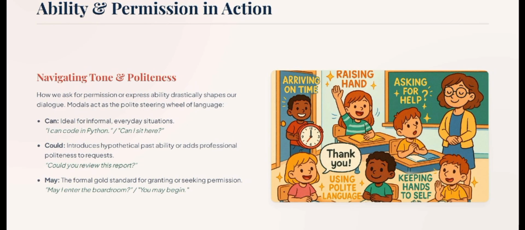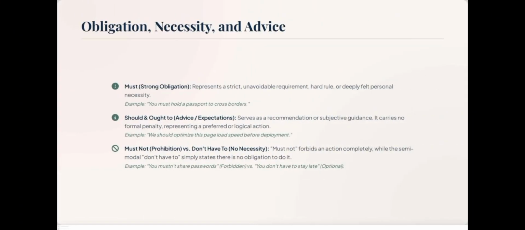You may begin. So, obligation, necessity, and advice. Must shows strong obligation, representing a strict, unavoidable requirement, hard rule, or deeply felt personal necessity. For example, you must hold a passport to cross borders.